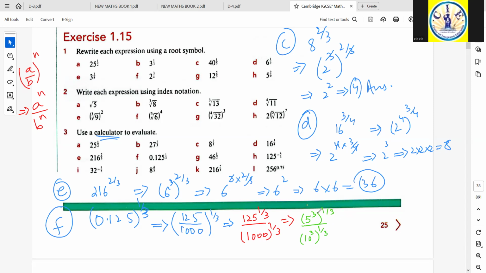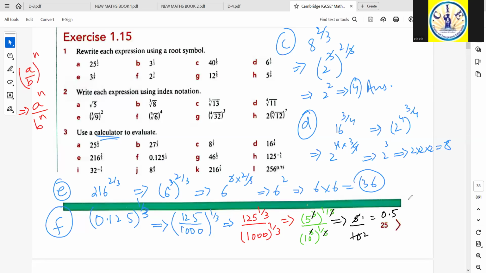Now these are two powers of the same number, so I can cancel them. I'm left with 5 in the numerator and 10 in the denominator. Further cancellation: 5 ones are 5, 5 twos are 10, so 1 by 2, that is 0.5. So that's how part F is to be done.